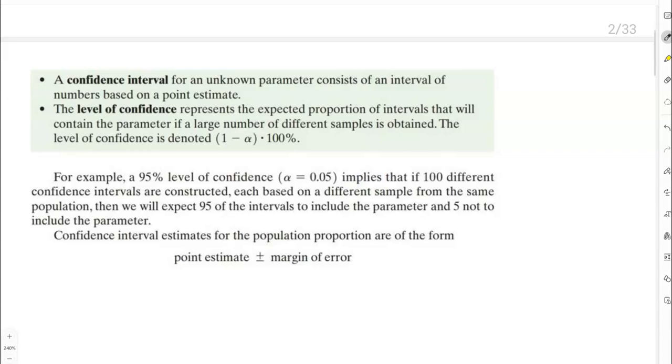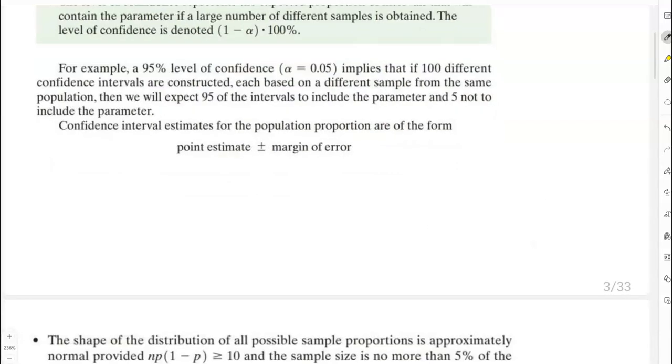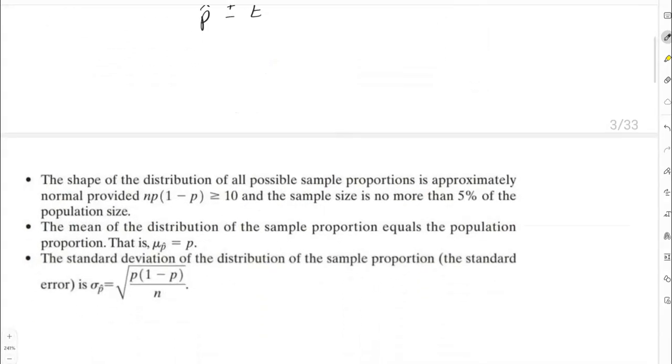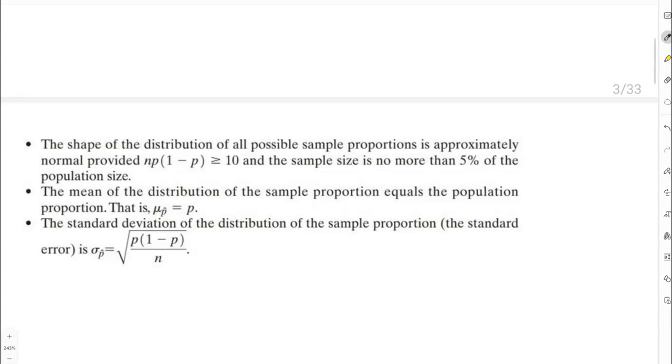So, how do we go about doing that? Well, we're going to use that point estimate, which in this case is going to be our p hat, and then we're going to add and subtract the margin of error. And we're going to find the margin of error using a formula here. And that margin of error is also called standard error. I'll use this: equals the square root of p hat times 1 minus p hat divided by n.